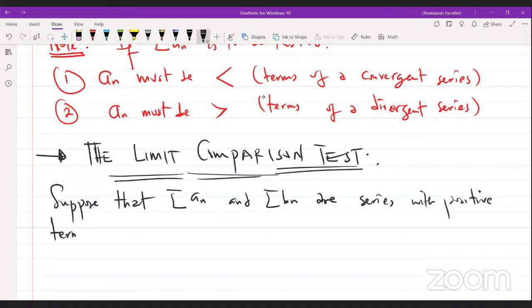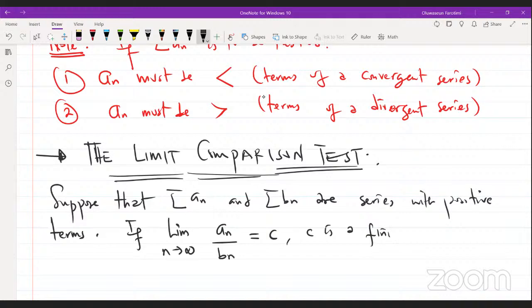If the limit as n goes large of an divided by bn equals c, where c is a finite number, essentially c is greater than 0.